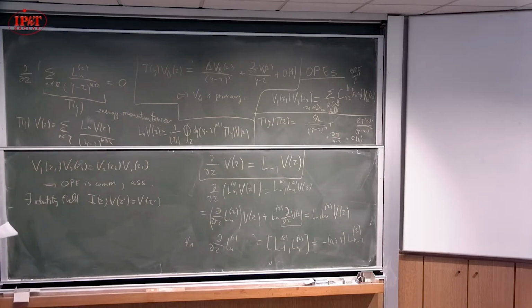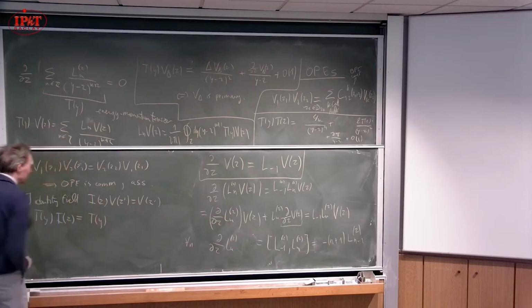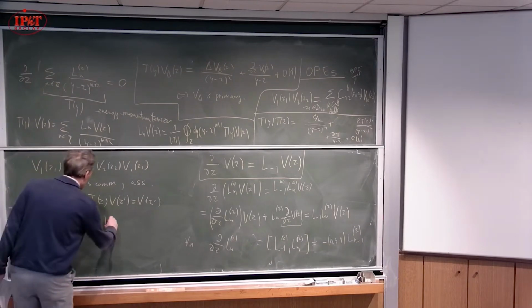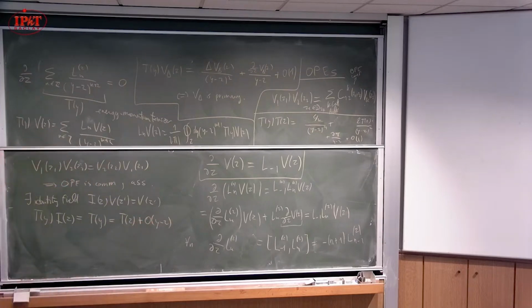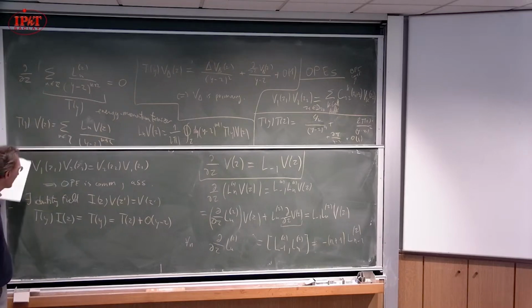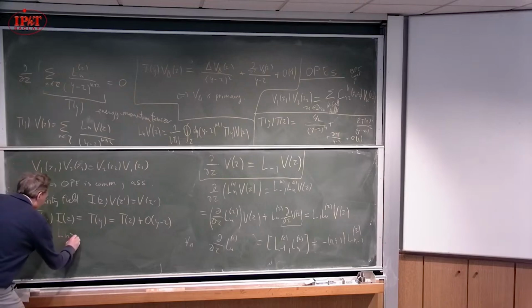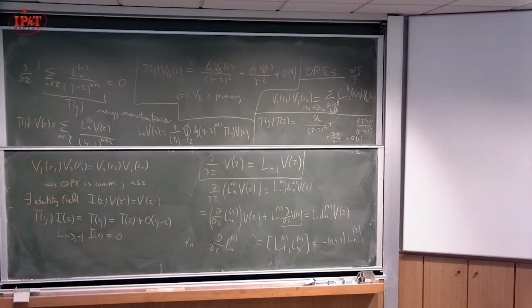Let me derive some simple properties of this I(z) by computing T(y) I(z). Well, that's just T(y), or I can rewrite it as T(z) plus something of order y minus z. Now the idea is to compare this operator product expansion with the general formula here. What you deduce is that all the L_n acting on I(z) are 0 if n is -1 or larger.